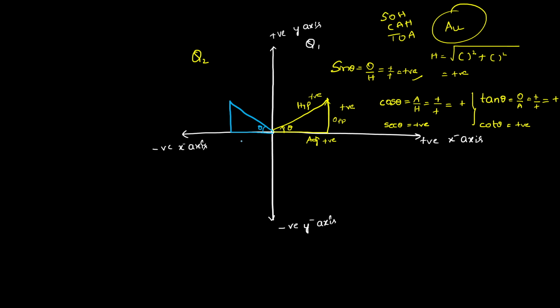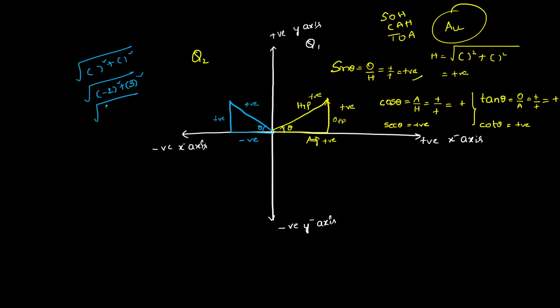That means the adjacent side will be negative. And we are going in the positive direction of the y-axis, that is, moving vertically upward, so the opposite will be positive. And hypotenuse is always positive, because hypotenuse is given by root of opposite square plus adjacent square. Let us take it as some -2, and let us consider it as some +3.